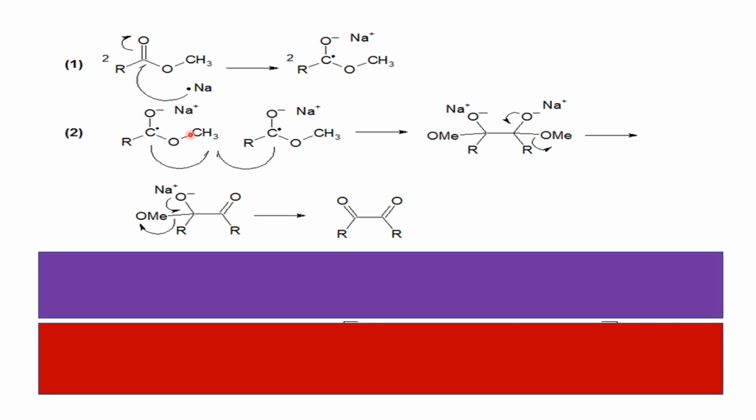This is an OCH3 group, and this is the second OCH3 group, which I am representing as OMe. Now we have O minus here. The minus charges will shift back, so that this OMe and this OMe are removed to form a diketone. Carefully write this down.